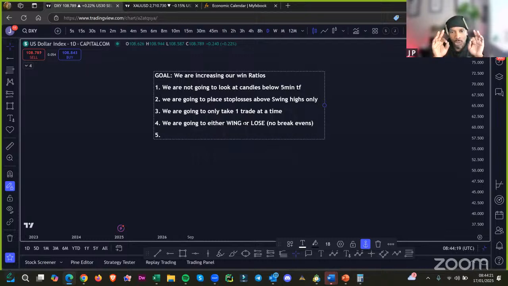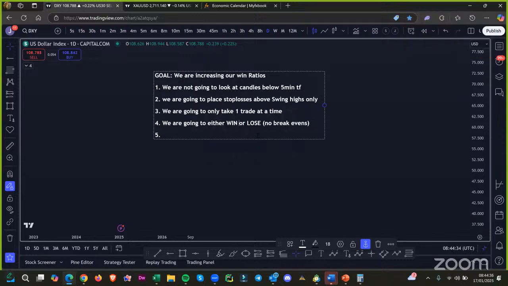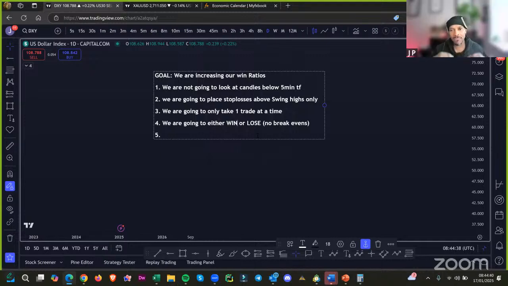For a lot of people, they're going to love this way of trading and they're going to employ this. We are going to either win or lose. No break evens.